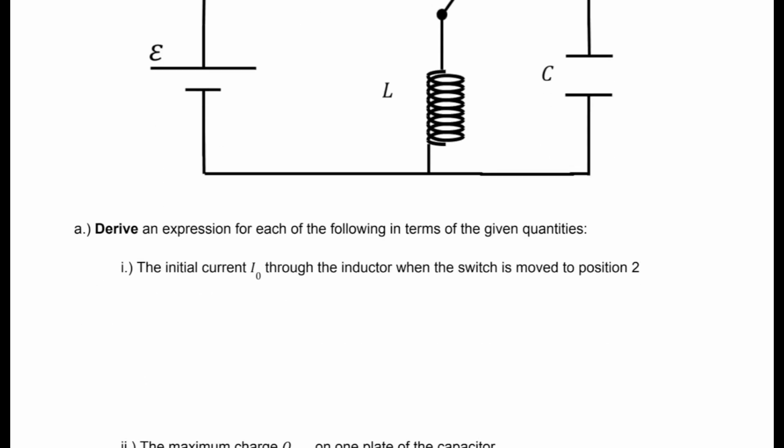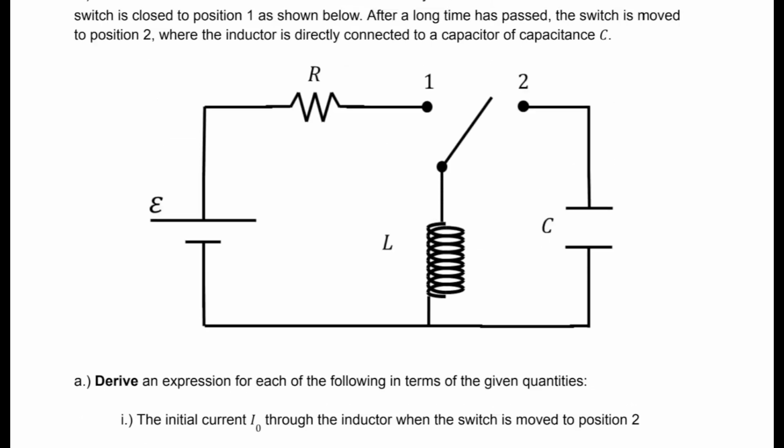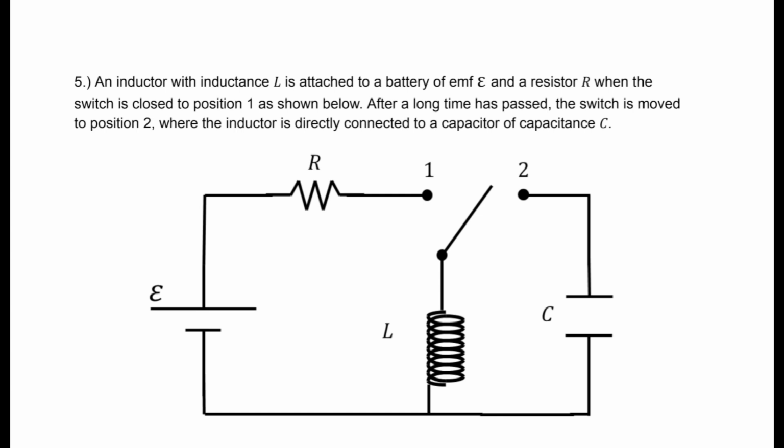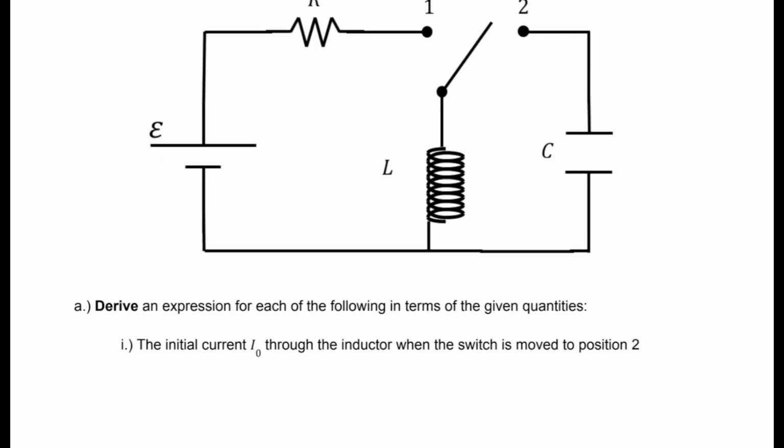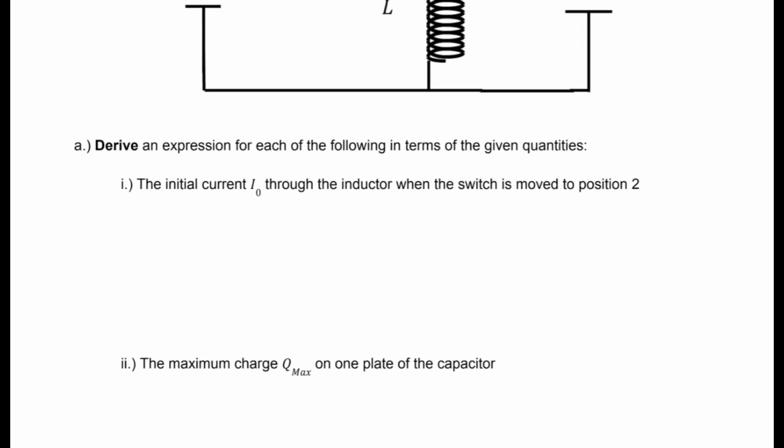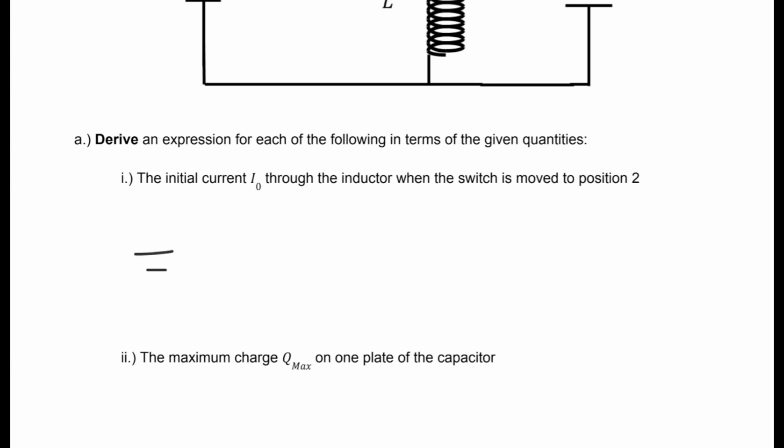So we know that the inductor will maintain this current as soon as it's flipped to position 2. So we just need to find this steady state current through the inductor. We know that after a long time, an inductor just behaves like a short circuit.